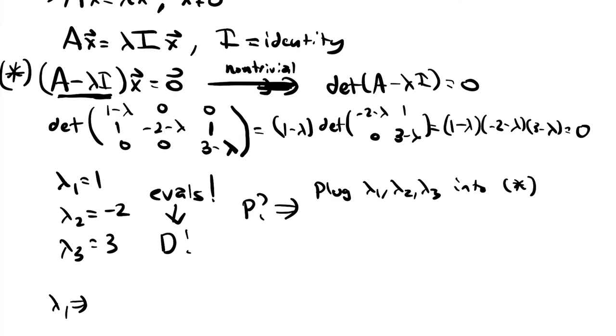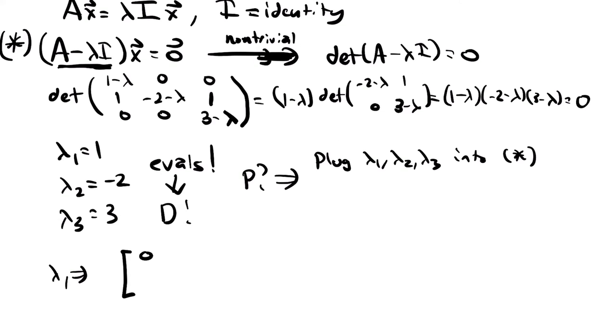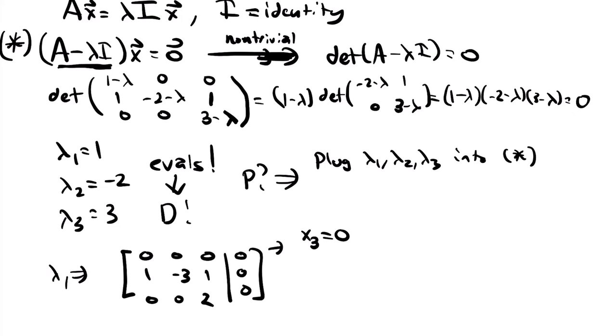The diagonals give us 0 because lambda equals 1, -3 because lambda equals 1, and 2 because lambda equals 1. So this is the matrix with rows (0, 0, 0), (1, -3, 1), (0, 0, 2). All of that is equal to 0, so I'm just solving this augmented equation. That tells you that x3 is 0 and that x1 minus 3x2 equals 0.